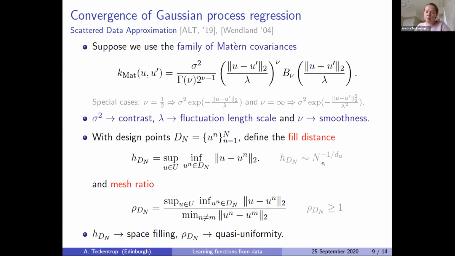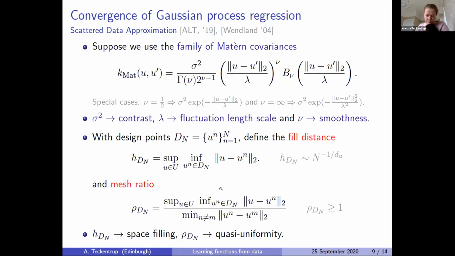Right? And typically this fill distance will go like n to the -1 over the dimension. So if you have capital N points in a d-dimensional space, then this fill distance will typically go as n to the -1 over d. Right? So it's a measure of how well you're filling the space, and if there are any big gaps anywhere.